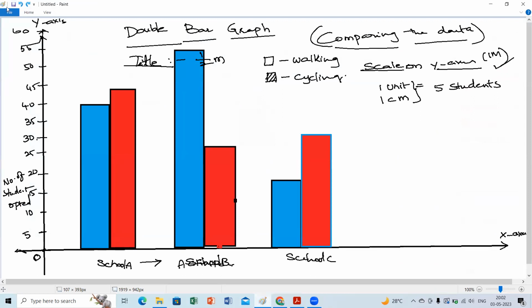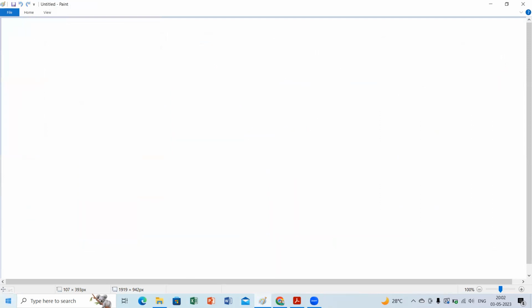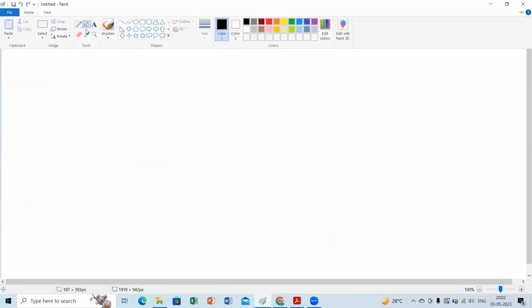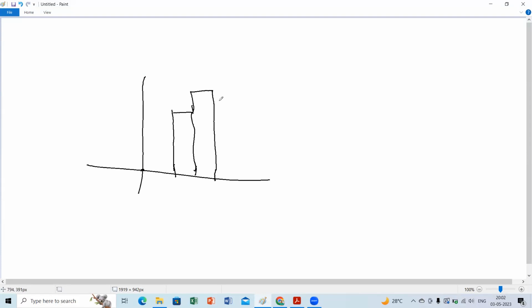If you see a type of graph you are not aware of, it's the same, with x-axis and y-axis. In a histogram, the bars are connected to each other. If the bars are connected like that, we can call it a histogram.